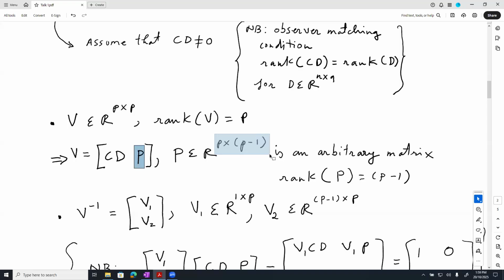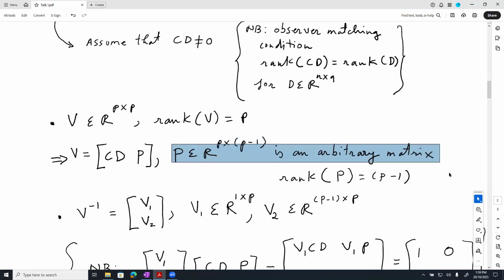According to Hou and Muller, at the moment, we are basically assuming that P is an arbitrary matrix, with full column rank, and it should be chosen in such a way that V is invertible. Okay, so that's the only requirement. We pick a matrix P according to Hou and Muller in such a way that matrix V is invertible.